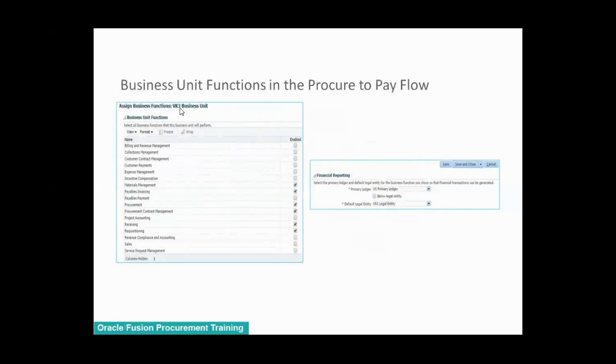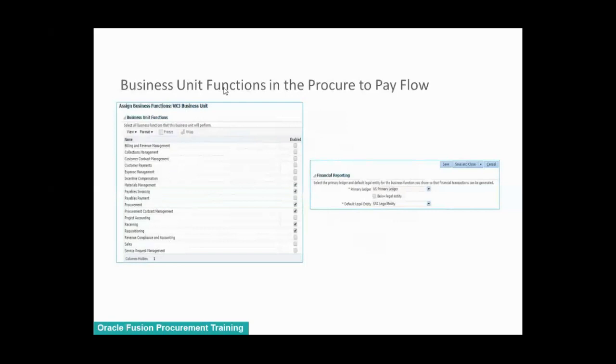What is the business unit name here? VK3 business unit. For this business unit, we can configure the business functions. Okay, what are the business functions that are configured here? Payables, payable invoicing. That means invoices can be created and payments can be done. And then procurement business unit, receiving business unit, and then requisition business unit. While creating the business unit, we can select the business functions from this page.